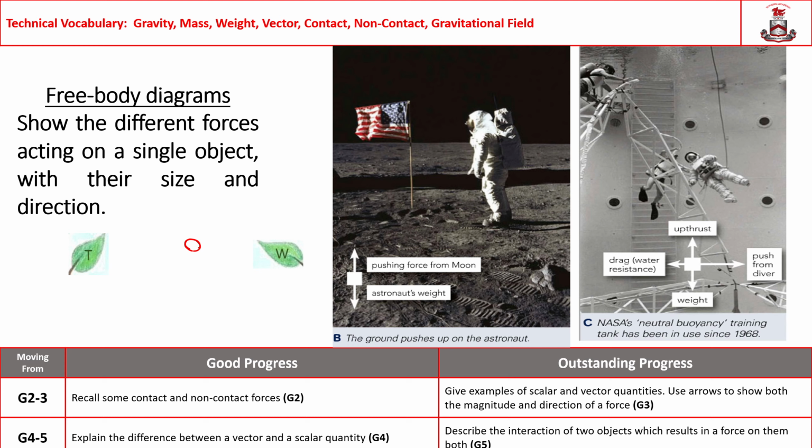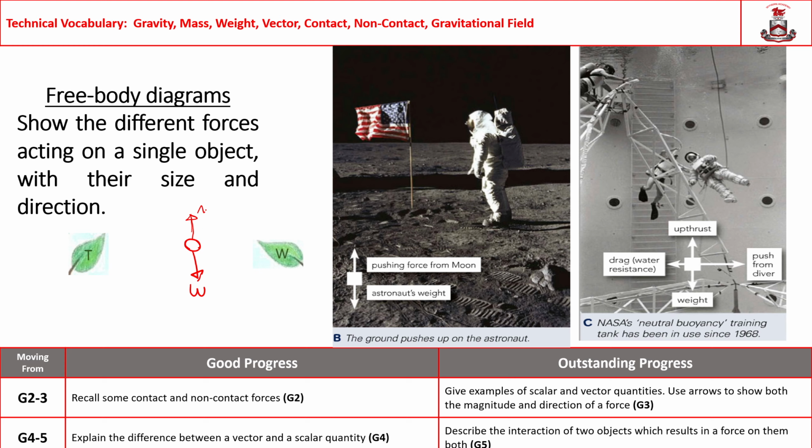Now this person has a weight. I can put that as a W. The person has a weight acting downwards, but they are stood on the floor. So that floor pushes them up. The floor pushes them up, and that is called the normal force or the reaction force.